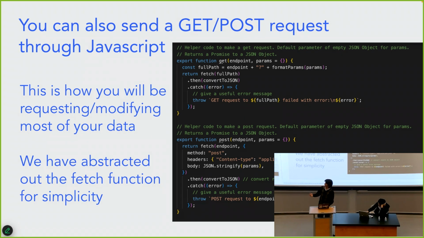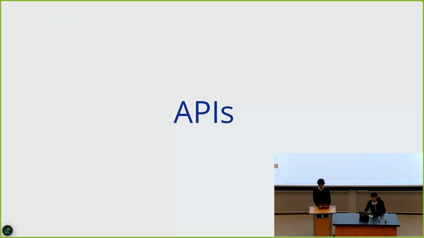We abstracted out the fetch function so that you can just put an endpoint and the parameters for both the GET and POST requests. This is how you'll be requesting and modifying most of your data, and you'll be using it in Workshop 3. So I'm going to pass it on to Daniel so that he can go over APIs.